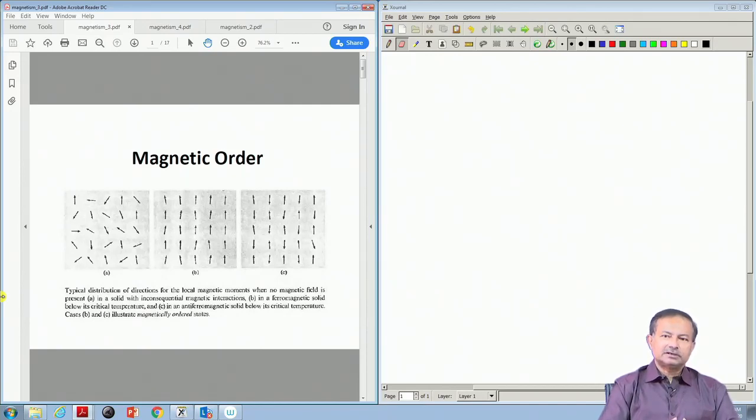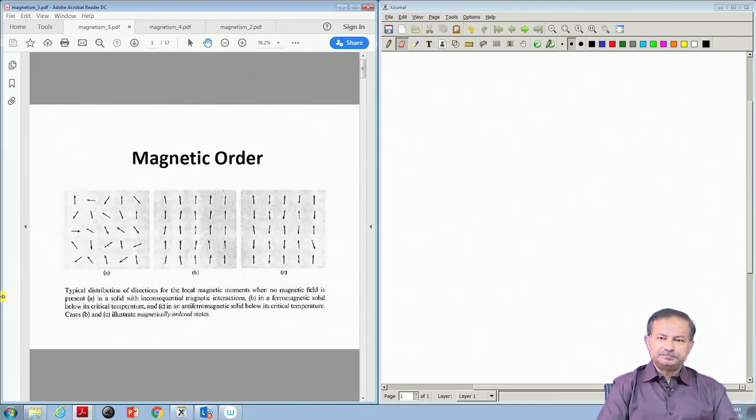A large amount of magnetic theory goes into understanding another class of systems, the magnetically ordered systems, which are spontaneously magnetically ordered. You do not need a field to order them.